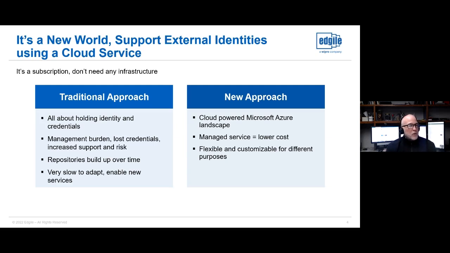We can support consumer-facing use cases with social networking login using things like Gmail and Twitter and Facebook and other social networking IDs. But we can also manage access using federated identities where that federation trust can be to Azure generally or to specific tenants or to specific external IDPs like an organization with an Okta or a Ping.